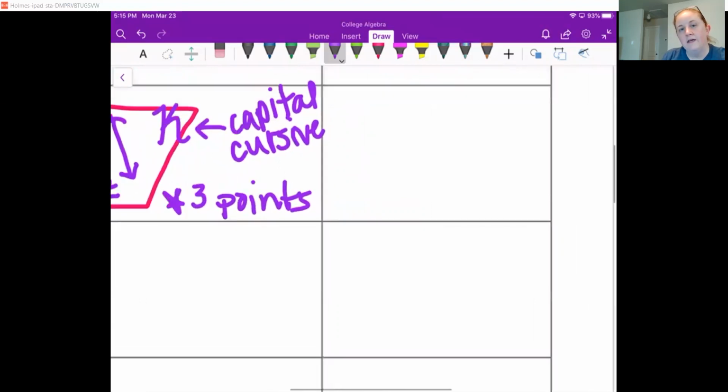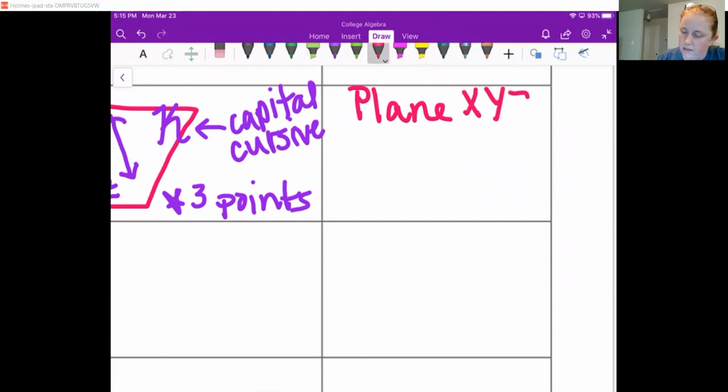And just like the line had 2 different ways that you could write it, one with the symbol, one with the word, similar thing here for the plane. We can have plane and then choose any 3 points that are on that plane. Order does not matter. So let's say plane XYZ. And again, just to reiterate, any order of those 3 letters is fine.